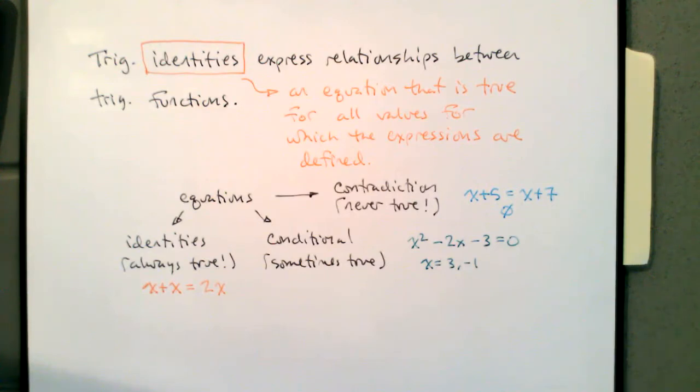So trig identities just express relationships between the trig functions. Our job as trig students is to just remember all the trig identities, all of them, all the time, in perfect detail. That's actually not true. What's more important is to remember that there are trig identities.